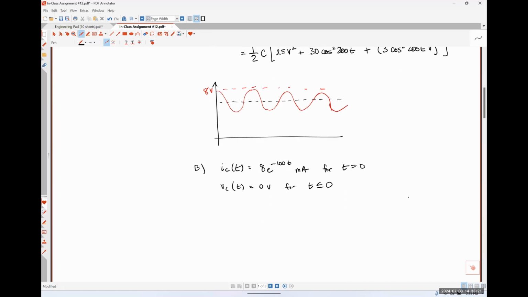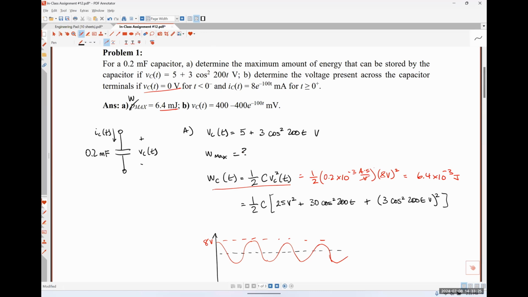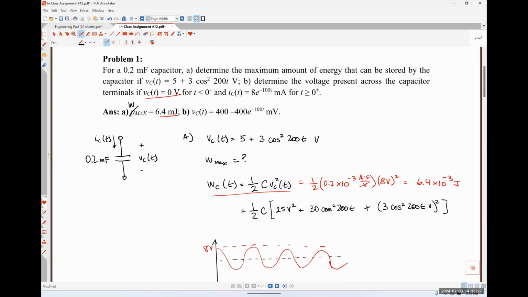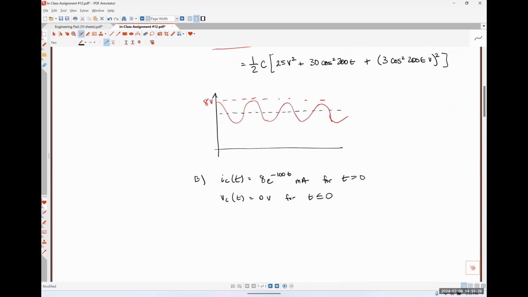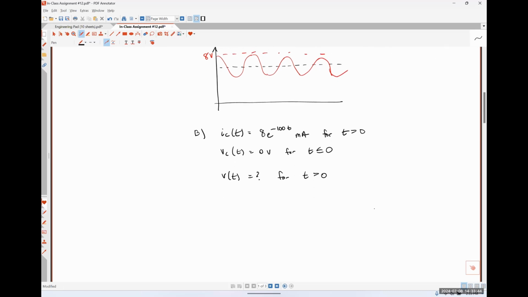So our goal, if I'm not mistaken, is to find V of t. So we know what the current's doing. We're trying to figure out what the voltage is, which means we need to be applying our second equation.